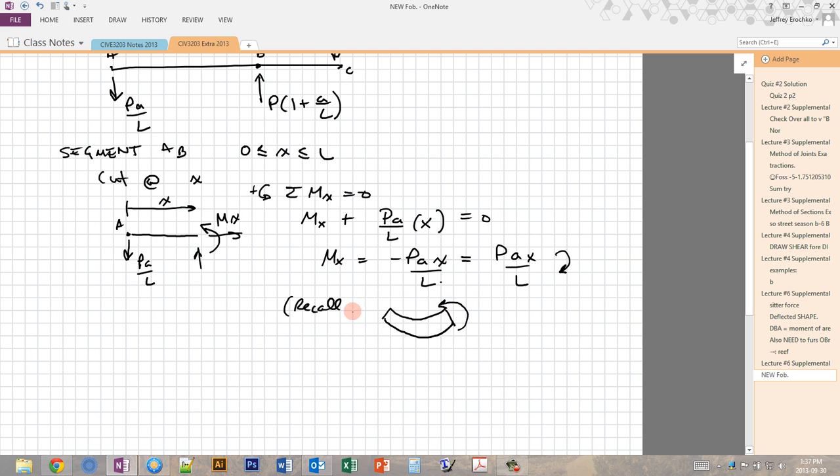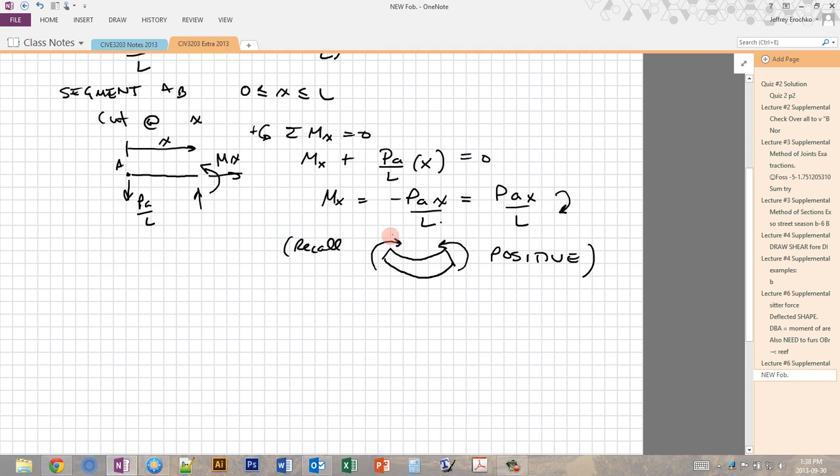If we have a moment that's causing a positive bending effect, then on the right side of that beam we're going to have a counterclockwise, and on the left side we're going to have a clockwise. So since this is a clockwise moment, then it is negative. So we're going to use this as negative.